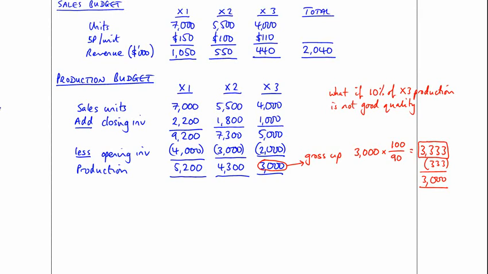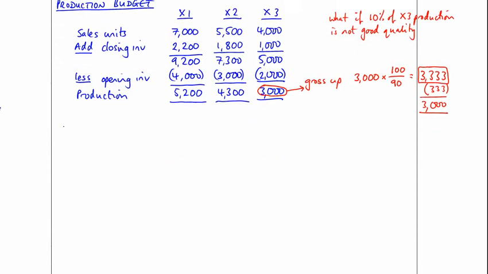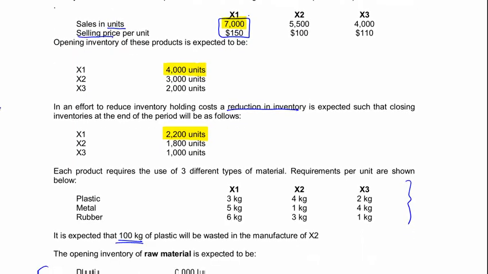Okay, back to the example at hand though. We've done the production budget. Now we've done the production budget, we're in a position to start looking at things like the materials budget. Okay, and our starting point for the materials budget, if we look at this, we've got in this question three different types of material.